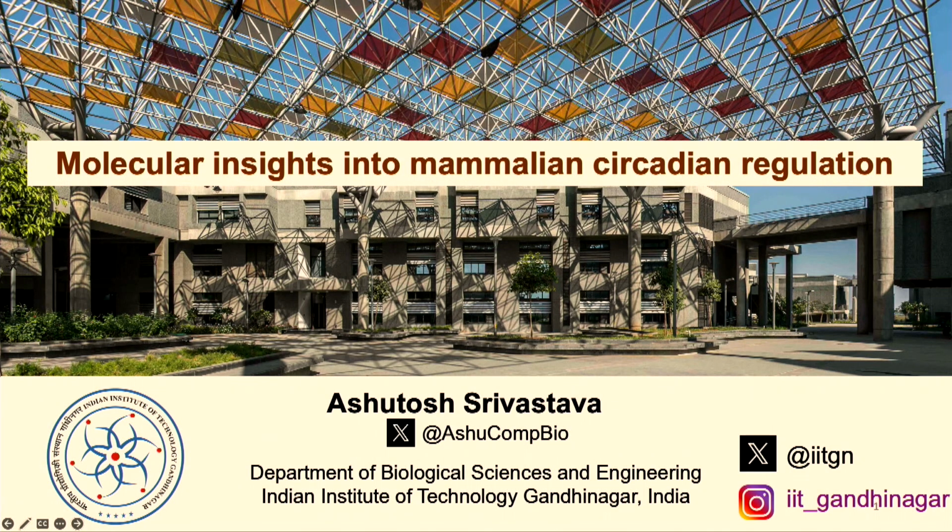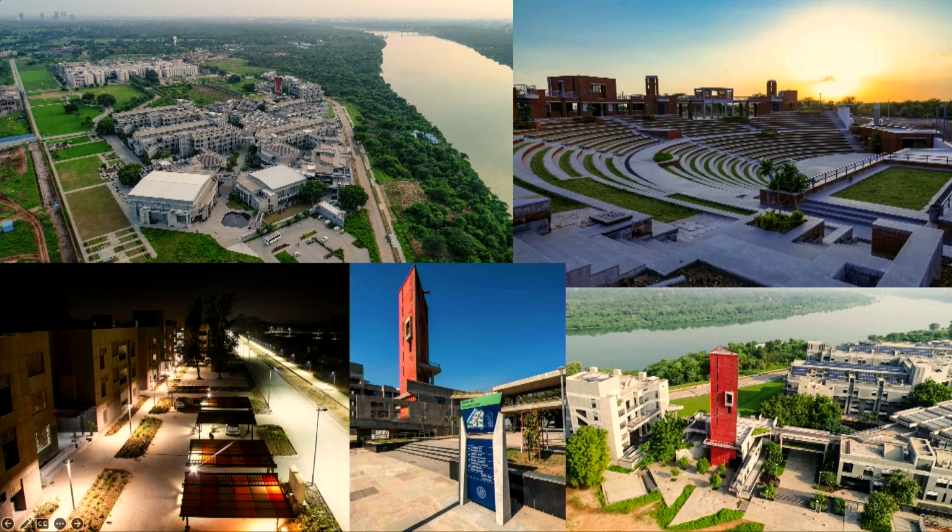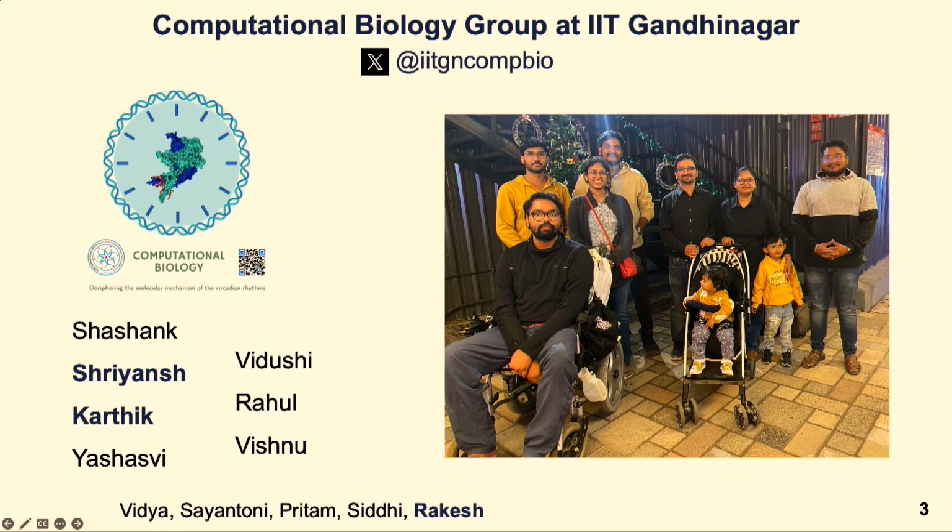All right. So I come from IIT Gandhinagar, and just to give you a glimpse so that students get attracted and come and join my group for different things. This is how it looks. We have a small group of PhD students, master students, a computational biology group at IIT Gandhinagar.